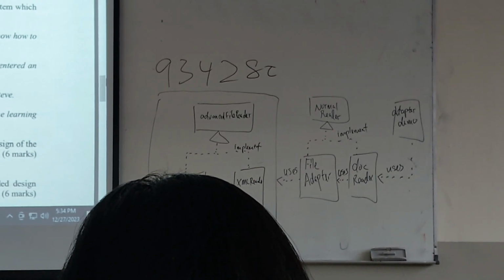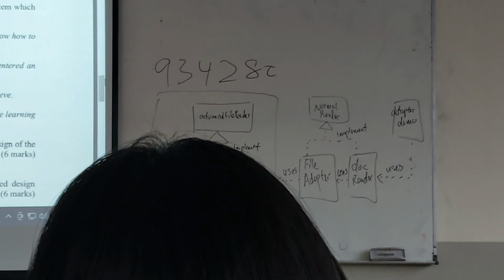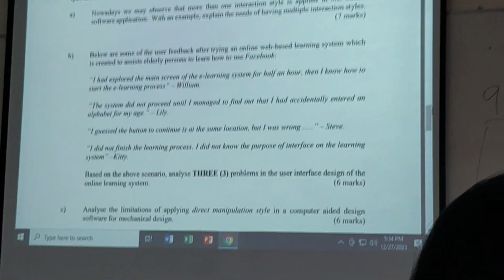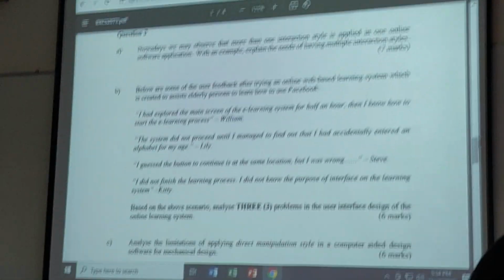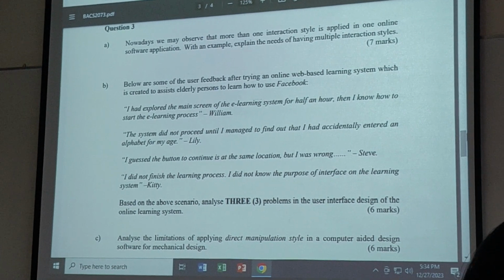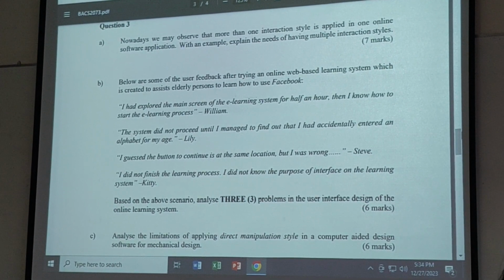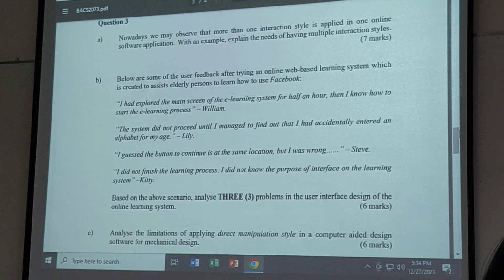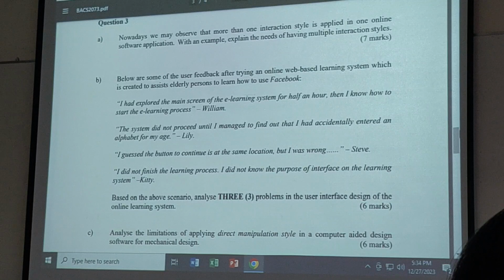Because we need to have multiple interaction styles. Because we need to switch to different audience. Let's say for example, old people or young people, their needs are different. Am I right? And then we may need to switch to different culture. Okay, and then we may need to provide an alternative way to access the function.